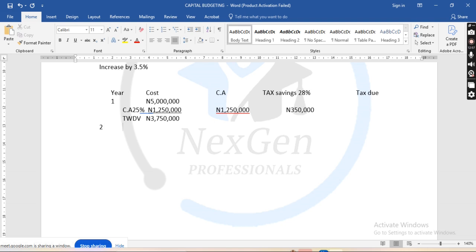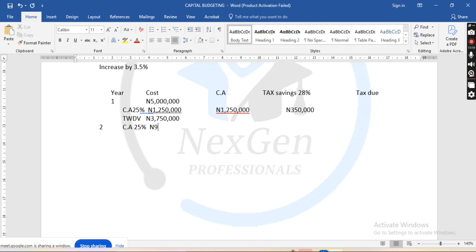So you charge CA on this because it's reducing balance method, right? Reducing balance method. Class, so what do we have? What is the figure? Quickly. 937,500.